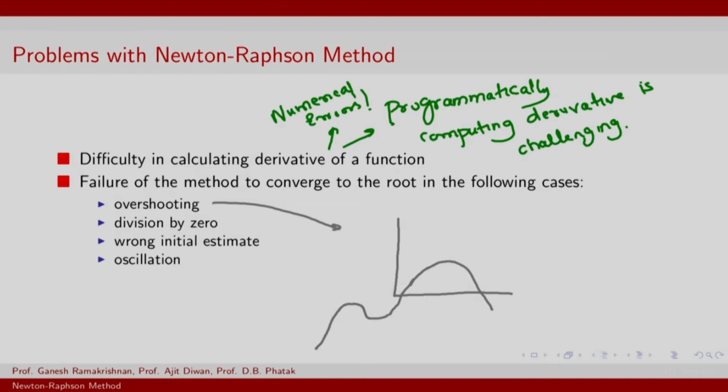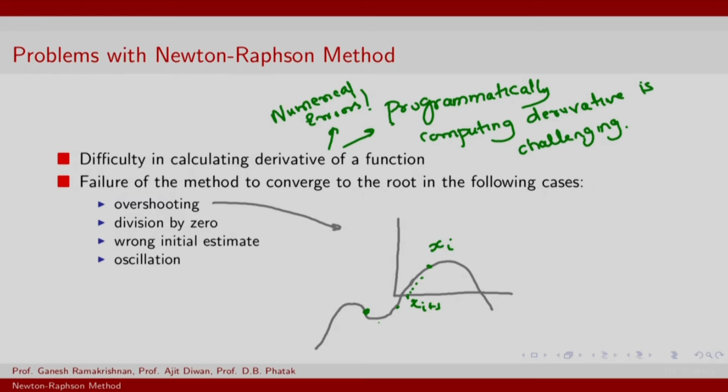So if your xi initially were here, you suppose move to x(i+1) and landed up on the other side due to some reason. It is possible that you overshoot so much that x(i+1) is actually on this side. This can happen if the curve that we show here is so small that this intercept lands up getting you to a point x(i+1) on the other side.